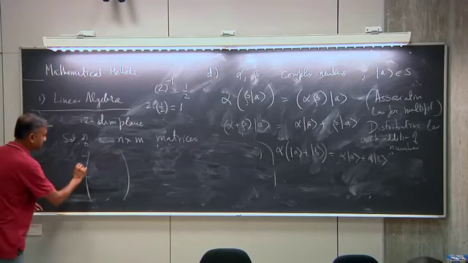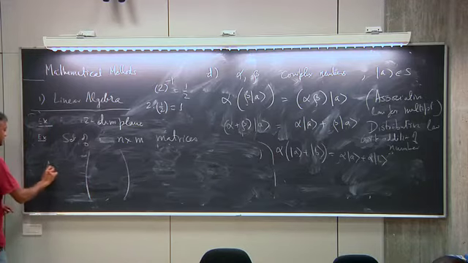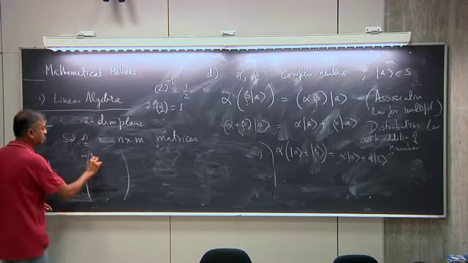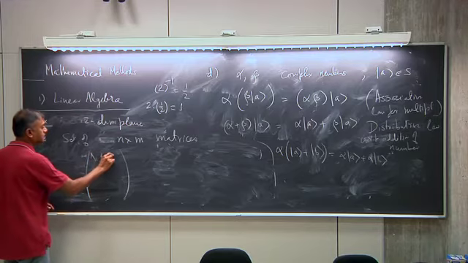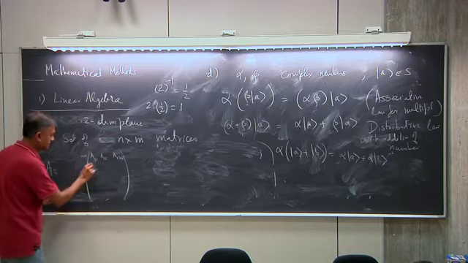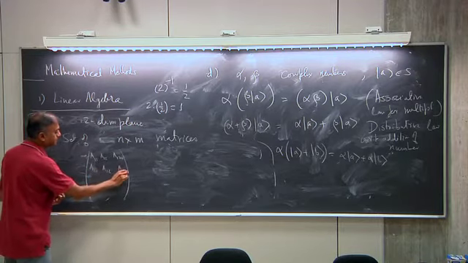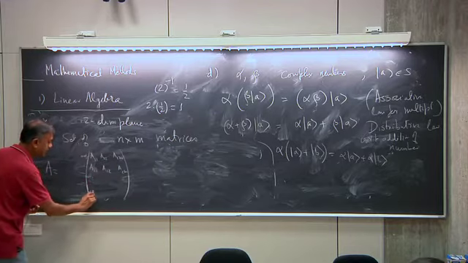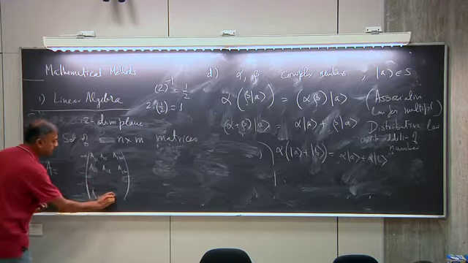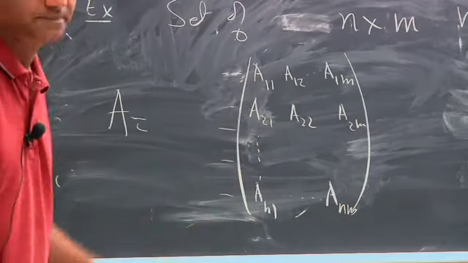So let's say some matrix A, which has elements A11, A12, all the way up to A1m. So there are m columns here, and A21, A22, A2m, and finally all the way up to An1, Anm. So n rows and m columns.